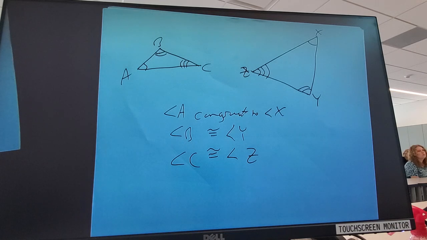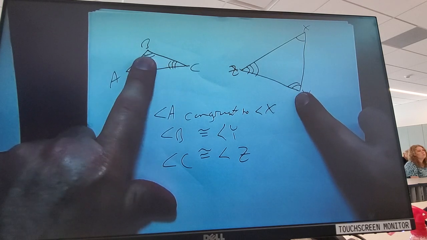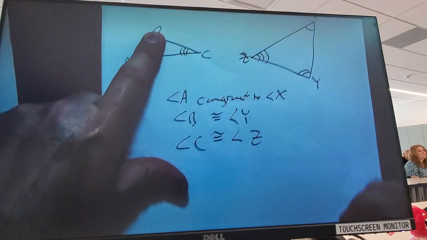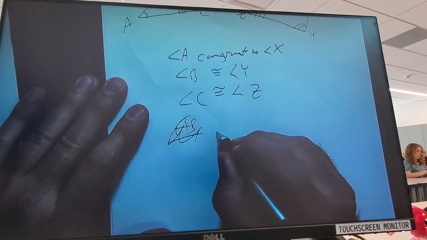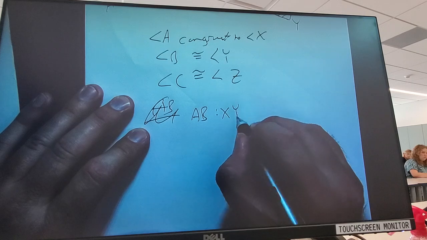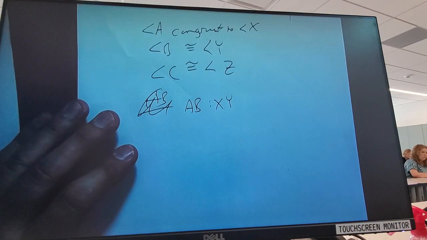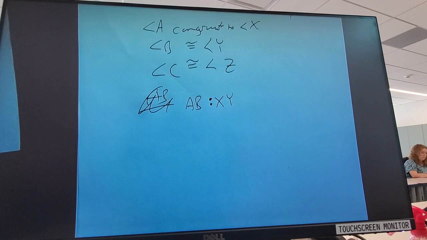Yeah, XY. Because this angle's the same and this angle's the same. So AB. Let me do it like this. I think you guys have maybe seen this before. AB to XY. I'm pretty sure last semester we talked about ratios a little bit, but that's just showing a ratio.